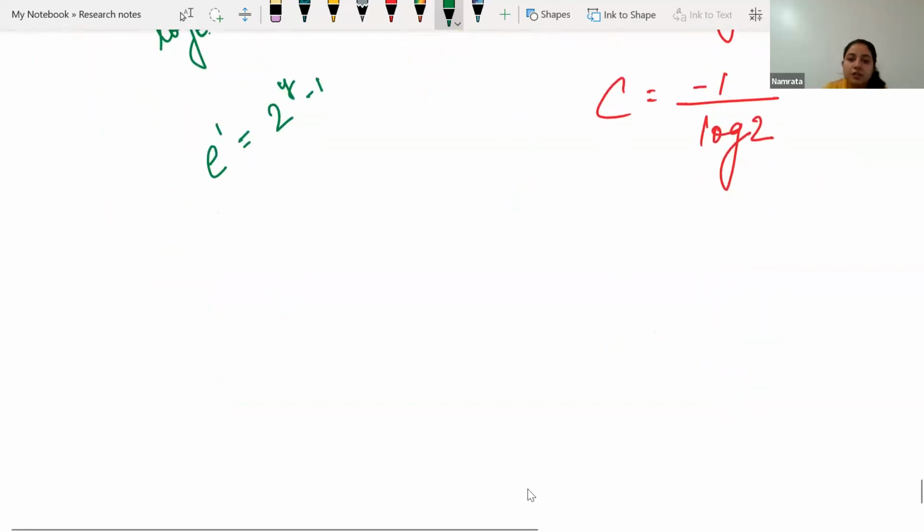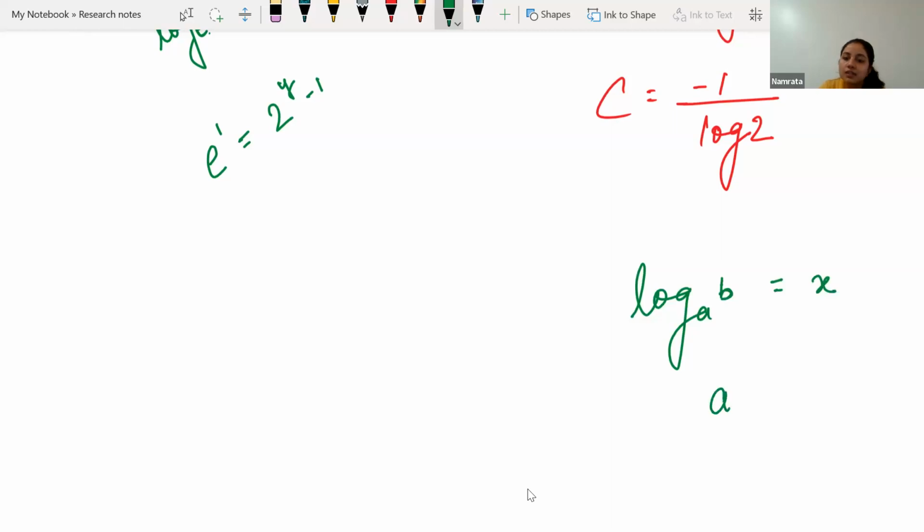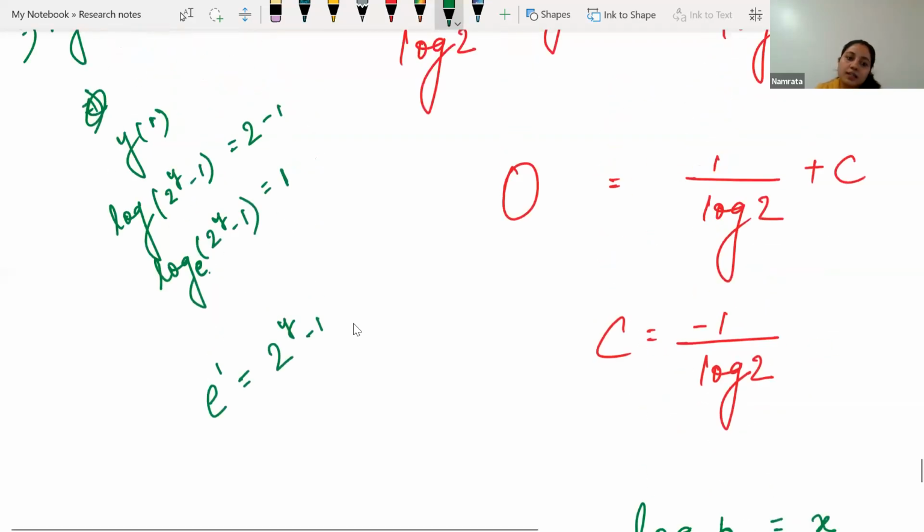When we have log b base a is equals to x, can we write it as a to the power x is equals to b? Yes or no? Do you know this property? Yes, we can write it like this.